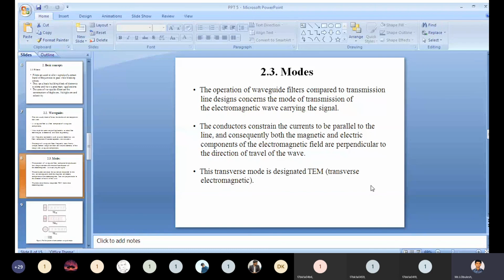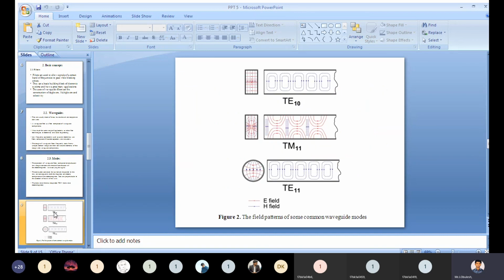The waveguide can be modeled like a conducting transmission line, and results from transmission line theory can be applied. So these are the modes you need to see. From the TE modes, the dominant mode is TE10.